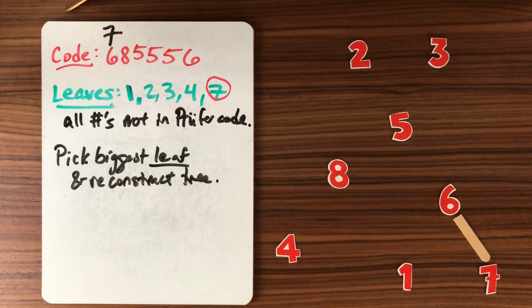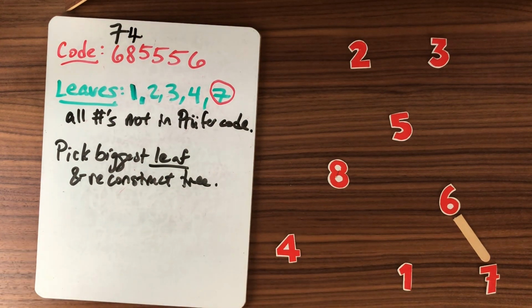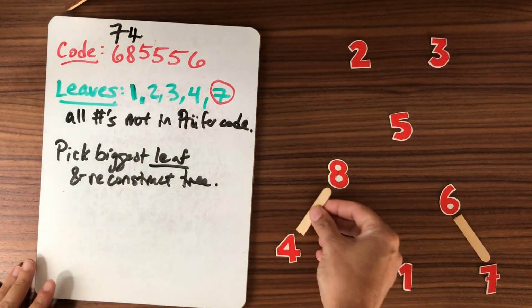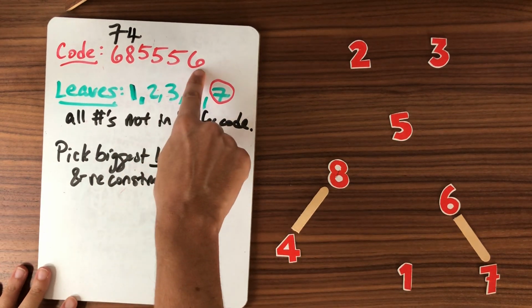Okay, and now I'm going to look again and say, well, now what do I have? Now what's my biggest number that's a leaf that's not in here? Well, it's the 4. Who's the 4 connected to? So the 4 is going to be next. The 4 is connected to the 8. But now I have to look at what's left on my Prüfer code.